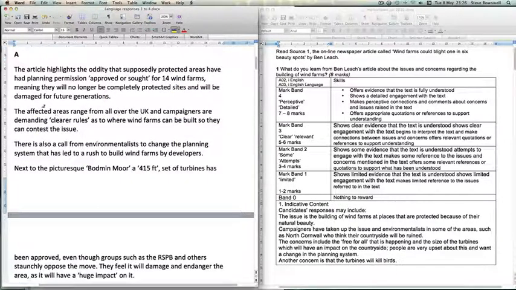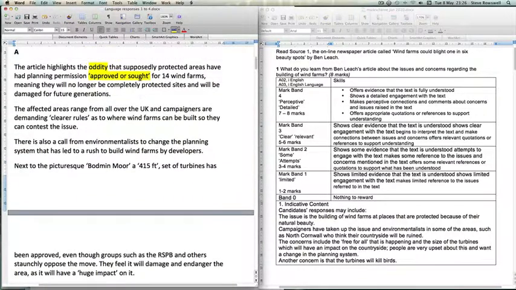Moving on to the A candidate, we can see that the A candidate uses quite high level vocabulary, which immediately shapes the response and begins to link issues and concerns right from the first paragraph. Evidence is detailed, but it is also very much embedded within the response.